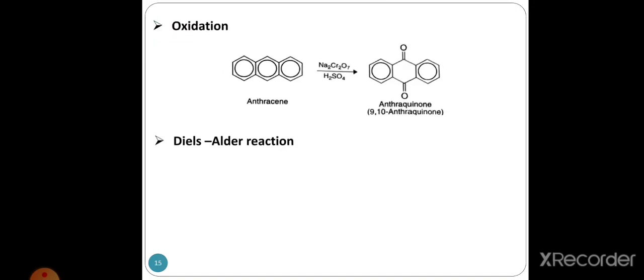Next, oxidation reaction. Anthracene undergoes oxidation with sodium dichromate and sulfuric acid to form 9,10-anthraquinone. Other oxidizing agents like nitric acid and air in the presence of vanadium pentoxide also lead to the formation of 9,10-anthraquinone.